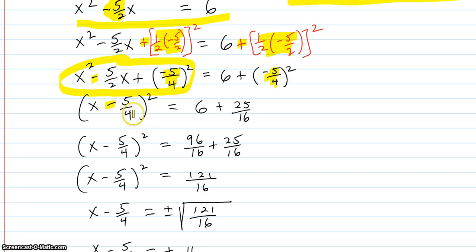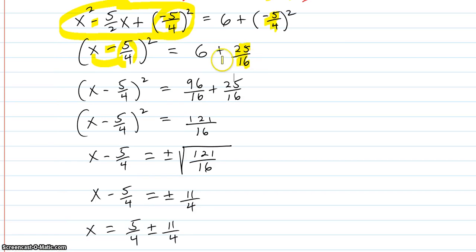If you multiply these together and double it, you get 5/2, so it works. Then on this side, I am going to square it out, 25/16. Then I have to add those together over here. That's 96/16 plus 25/16, converting into sixteenths, and that adds up to 121/16, and this just copies down each time.